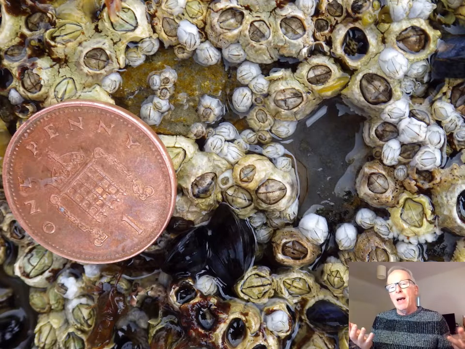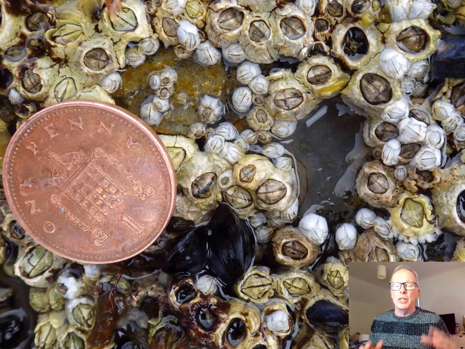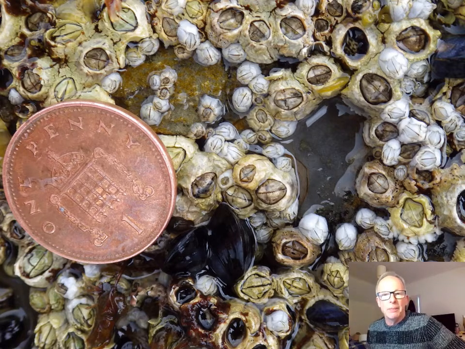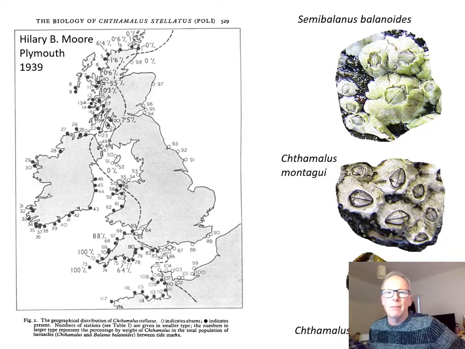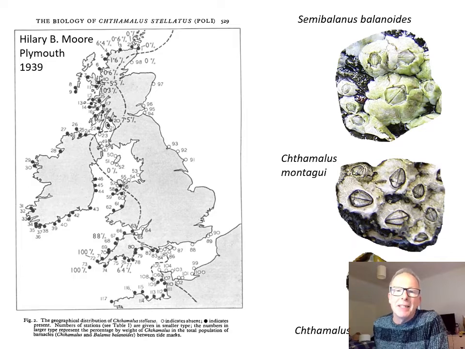So you've got here a pair of species, one of which is a cold water species, one of which is a warm water species, and they're existing together in the same place, but the temperature is changing. The warm water species in Britain extends basically up the west coast. It's completely absent from the east coast of England, although since this map was made in 1939, we do know that the warm water species has now extended down as far as Aberdeen and even the coast of Fife in very small numbers.